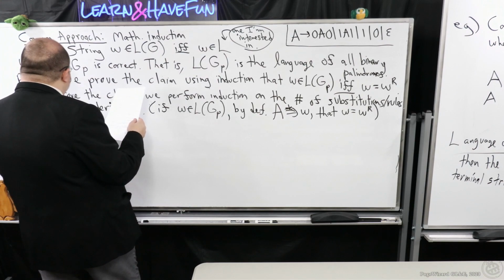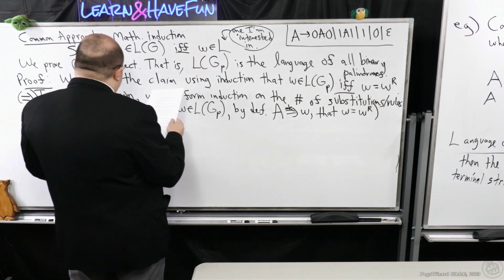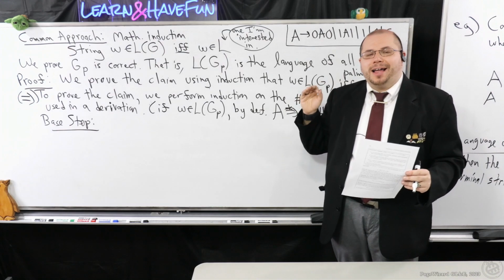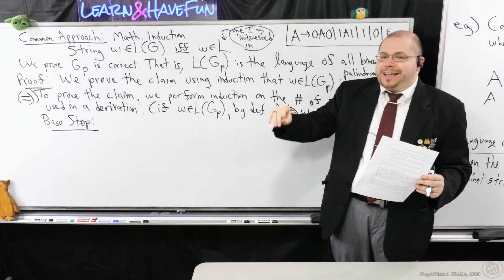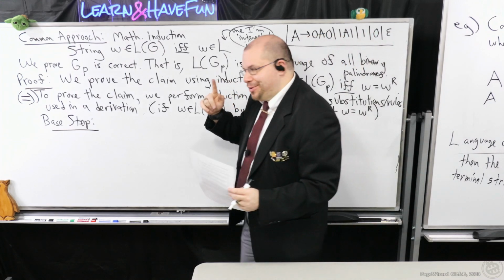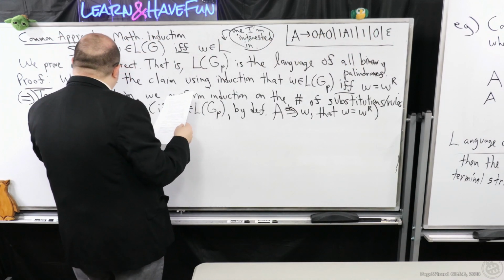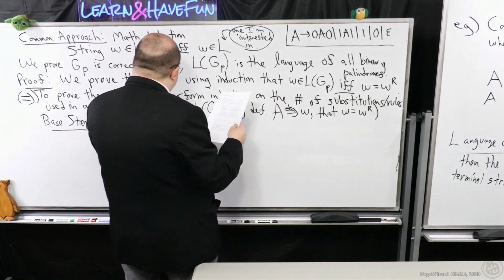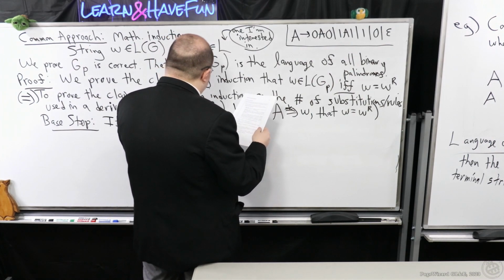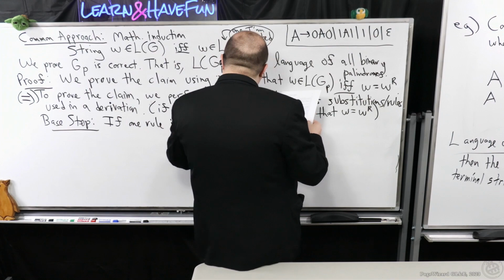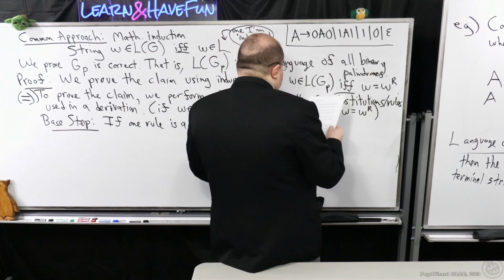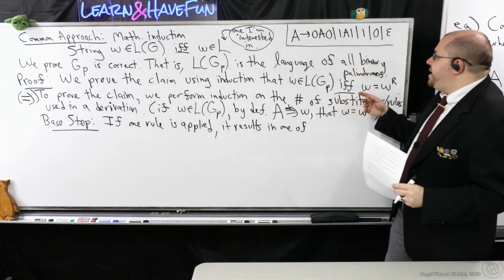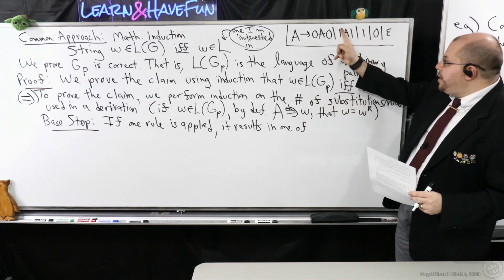So we're going to start off with the base step. What does that mean? Remember, I start off with a variable. I need to get a terminal, so I have to apply at least one rule. So I start off with one rule. If one rule is applied, it results in one of, so which of these production rules gives me a terminal string? That one definitely doesn't, right?